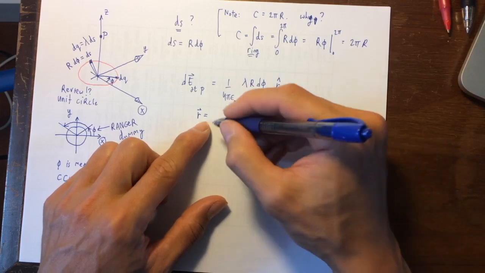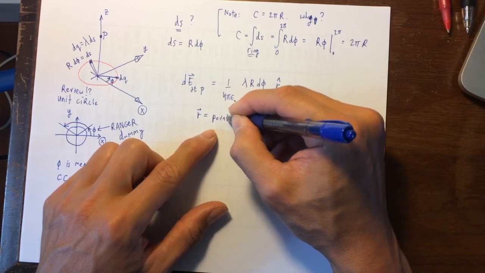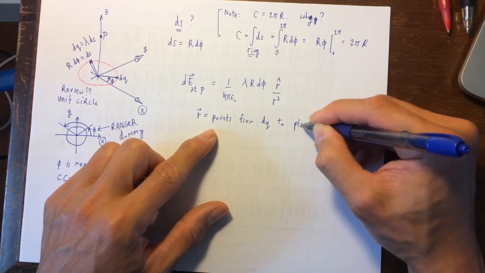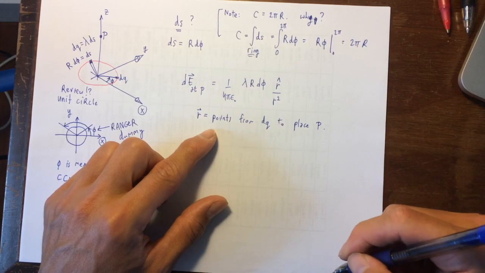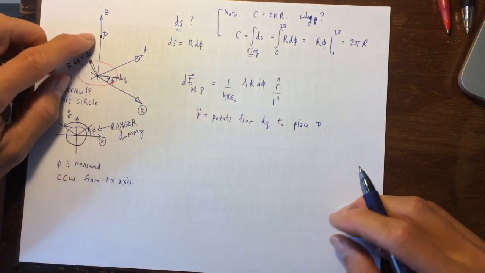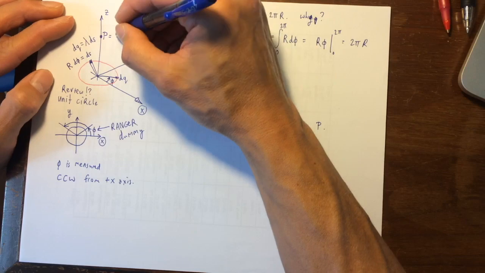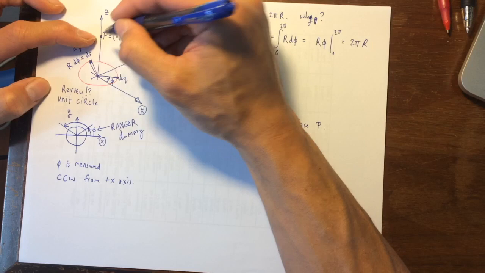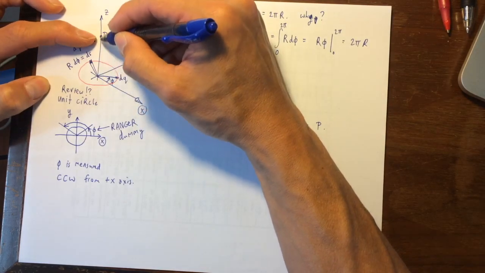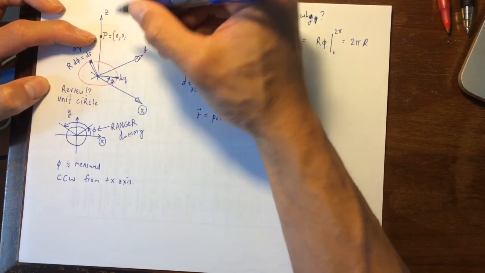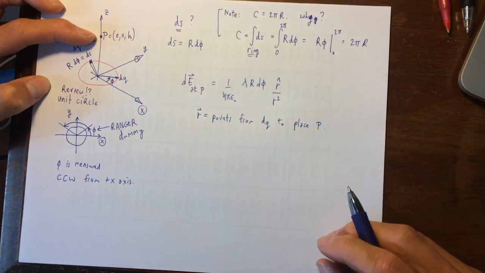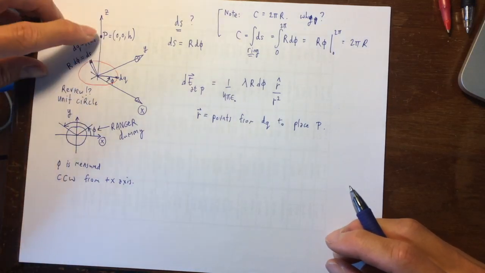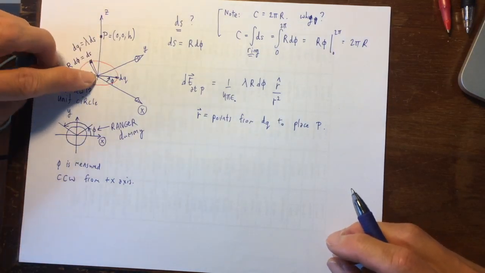Remember that the r vector points from the charge dq to the place P. The place P, I need to give it a coordinate. Since it's on the z-axis, the x and y coordinates are 0, and it's a height, a distance away from the origin. Let's call it height h. So this is the coordinate of the place P along the z-axis.